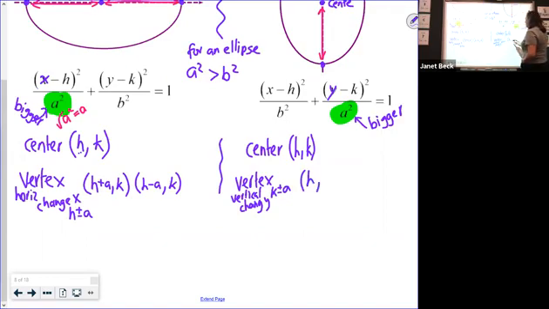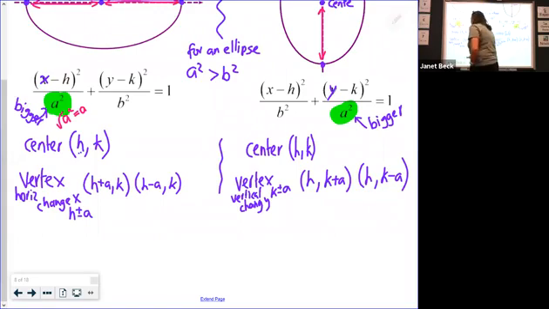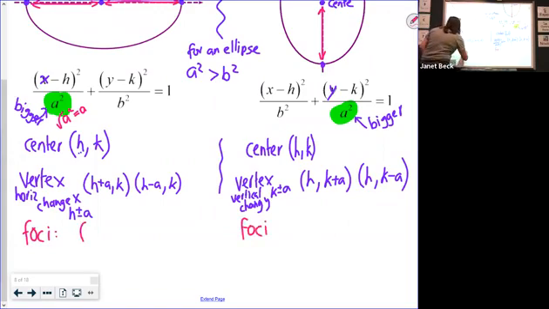So we'll leave the H as it is. Okay, so that's how to get to the vertex. To get to the foci, we're going to do exactly the same thing, but we're going to add or subtract C.